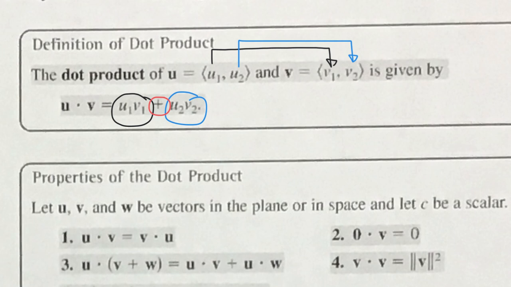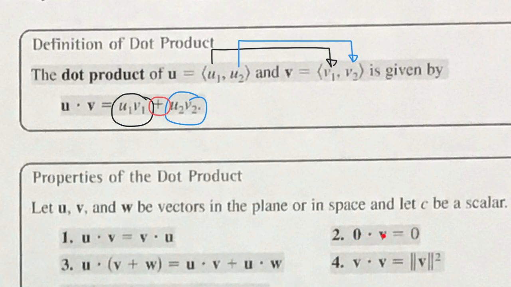And here are some properties of the dot product. It's commutative, right? U dot V is the same as V dot U. There's distributive, so you distribute the dot product into both of your parentheses. There's a scalar multiplier, so you can either dot first or multiply by the scalar and then dot, so you can multiply different things. 0 dot V, of course, is 0.